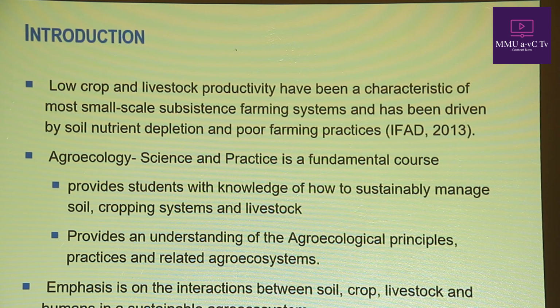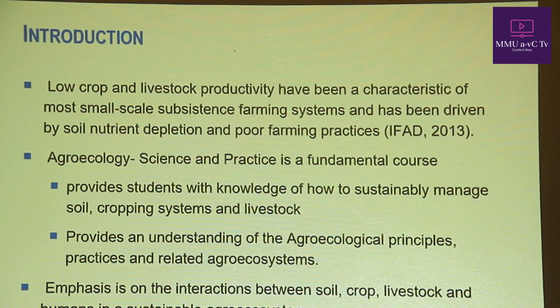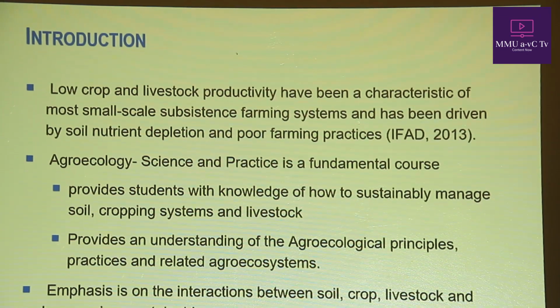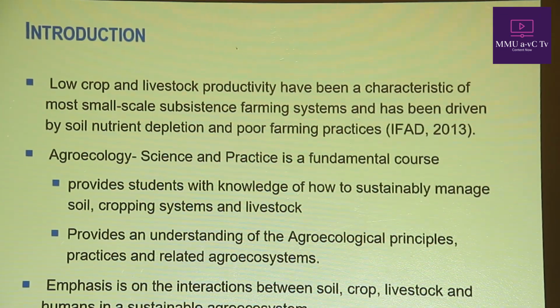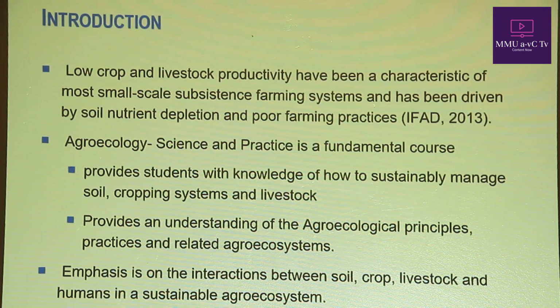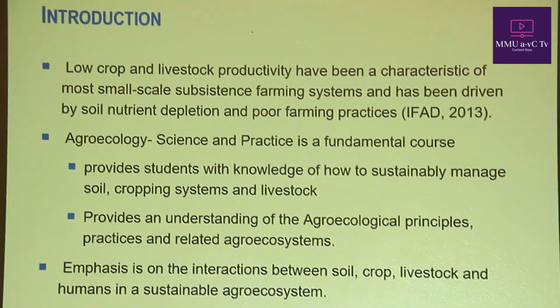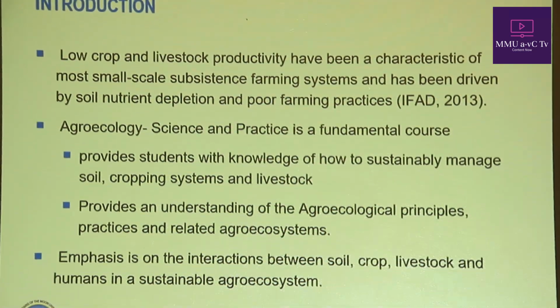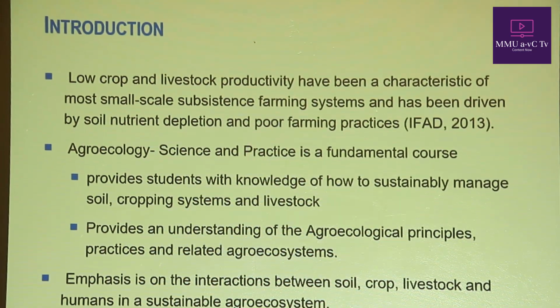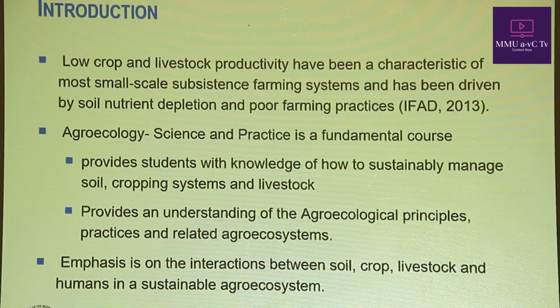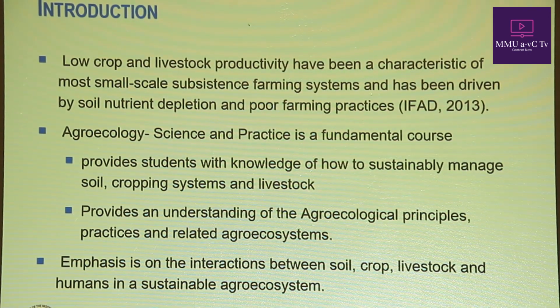This course, Agroecology, Science and Practice, is born out of the need that is facing current agriculture production systems. So we see that crops and livestock, their productivity is quite low, and most of the production is actually done on subsistence level. And there is quite a lot of nutrient depletion, yet in normal farming systems there should be a recycling of nutrients.